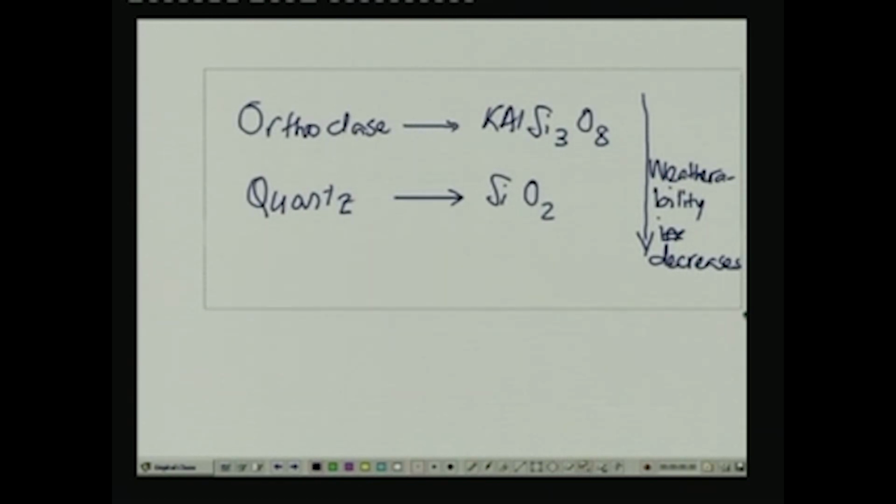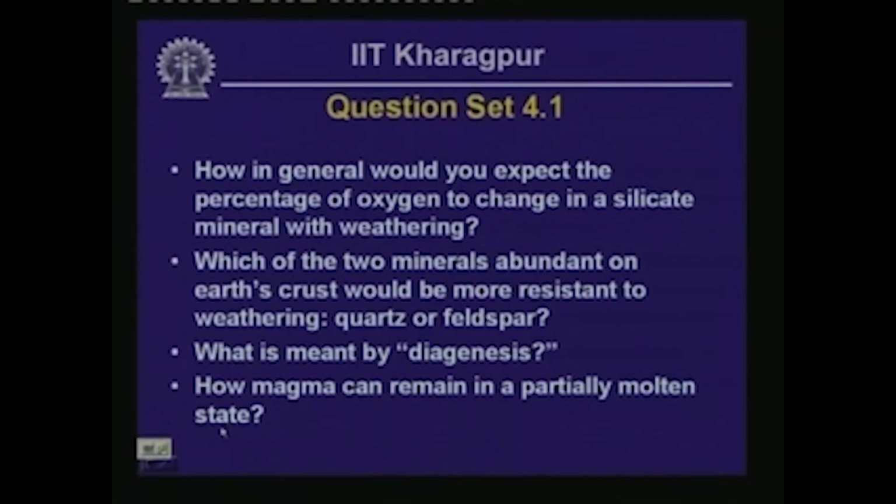Getting back to the question set, the second question was, which of the two minerals abundant in Earth's crust would be more resistant to weathering? I gave you two minerals, quartz and feldspar. If you recall Bowen's reaction series, quartz occurs at the bottom of the reaction series, and feldspar occurs a little bit higher above. So the susceptibility of quartz to weathering is much smaller in comparison with feldspar.